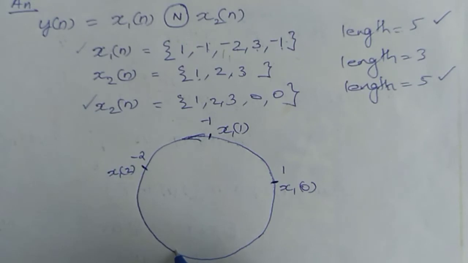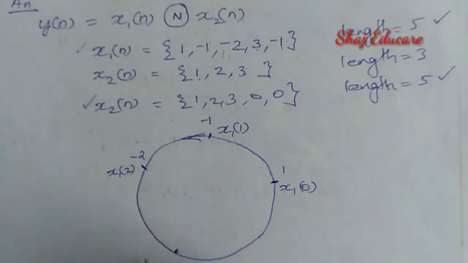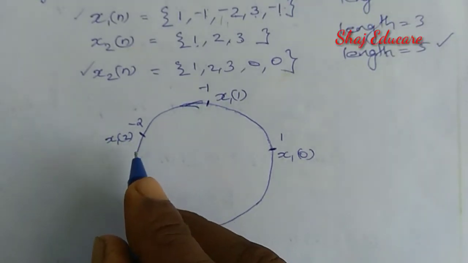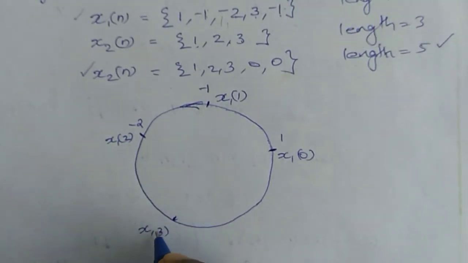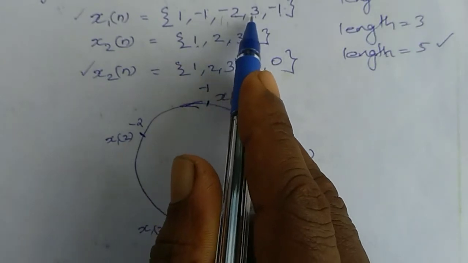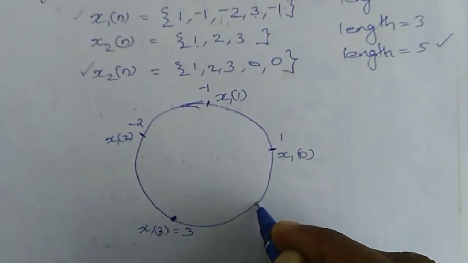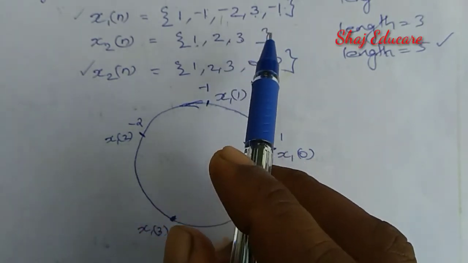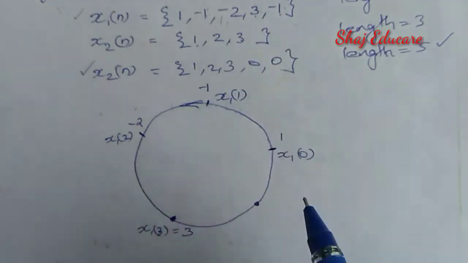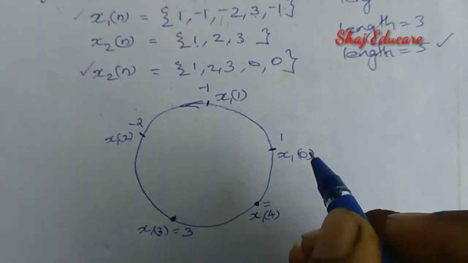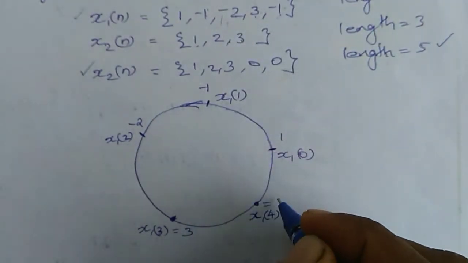Here I'm going to put the next element, x1 of 3, which is equal to 3. And finally I'm going to put x1 of 4, which is equal to minus 1.